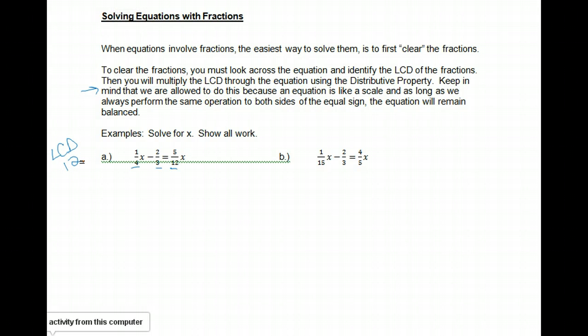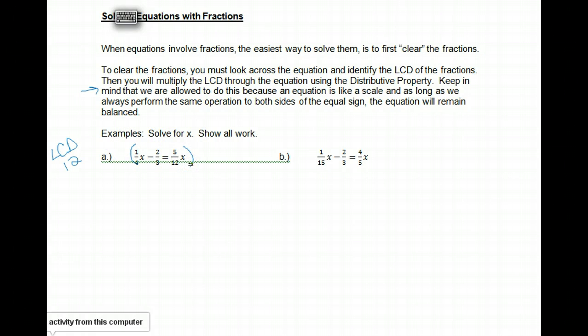Once you identify your LCD, what you're going to do at that point is multiply your entire equation by your LCD using the distributive property.